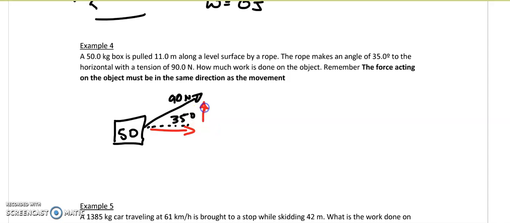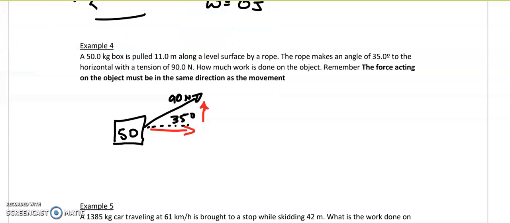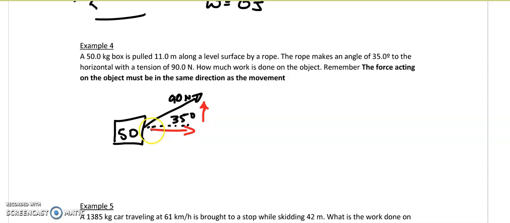Some of this force is actually lifting it off, which is actually going to reduce the amount of normal force and thus the amount of friction that this box is going to see. But in order to figure out how much work is done, okay, we're actually going to need to use this force.